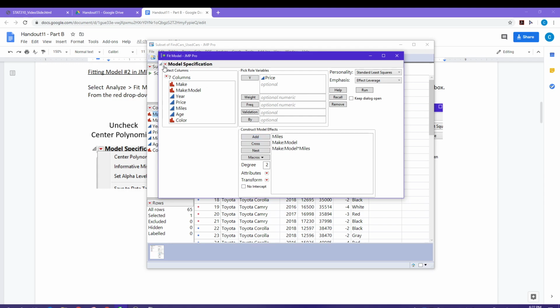And the other thing that you can do is either deselect or select the centered polynomials. By default, centered polynomials is selected. I'm going to take it off here for at least part of this output. It's a little bit easier to understand the output with it off. And then I go ahead and click Run.